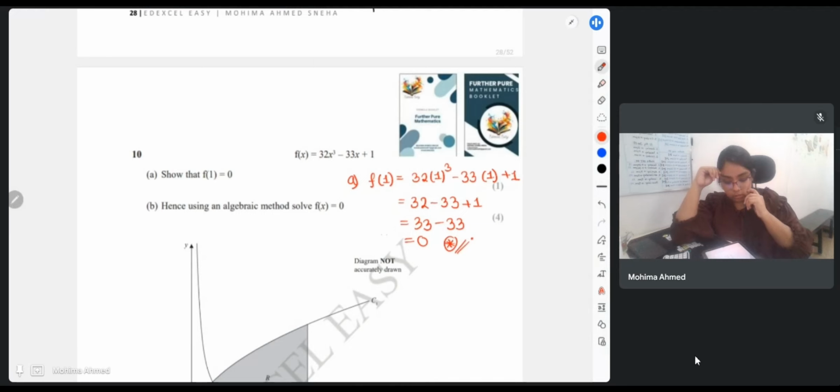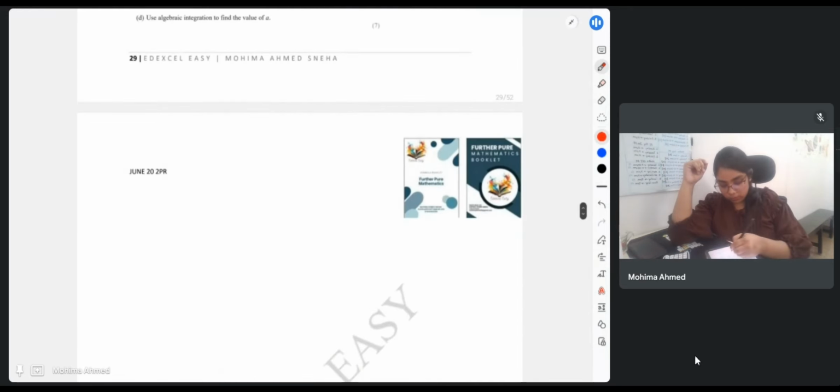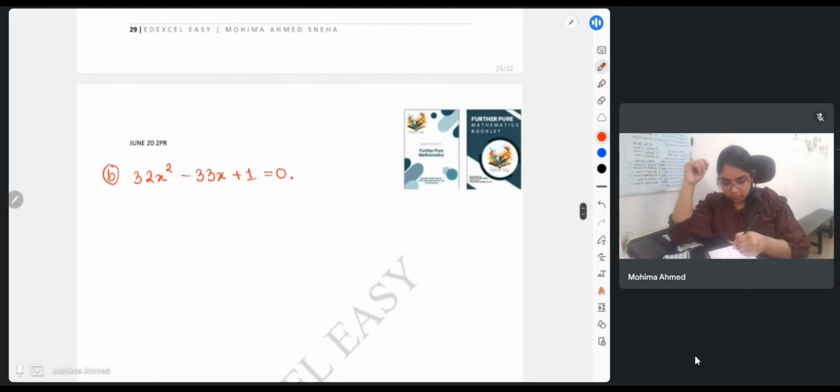And hence, using the algebraic method, find f(x) equals 0. You have to do factorization. I think for this, factorization will not be applicable, so we might have to use the formula method. Okay, so now you have the equation for part B: 32x squared minus 33x plus 1 equals 0.